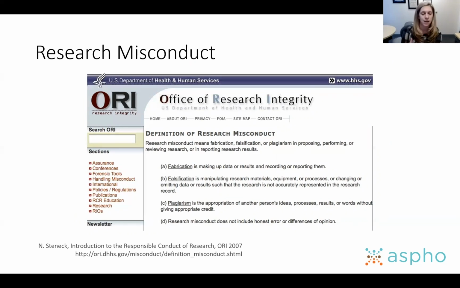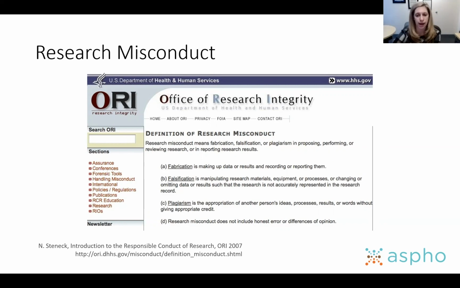So basically fictitious or cooking up of research data. The second is falsification, letter B, which is manipulating research materials, equipment, or processes, or changing or omitting data or results such that the research is not accurately represented in the record.